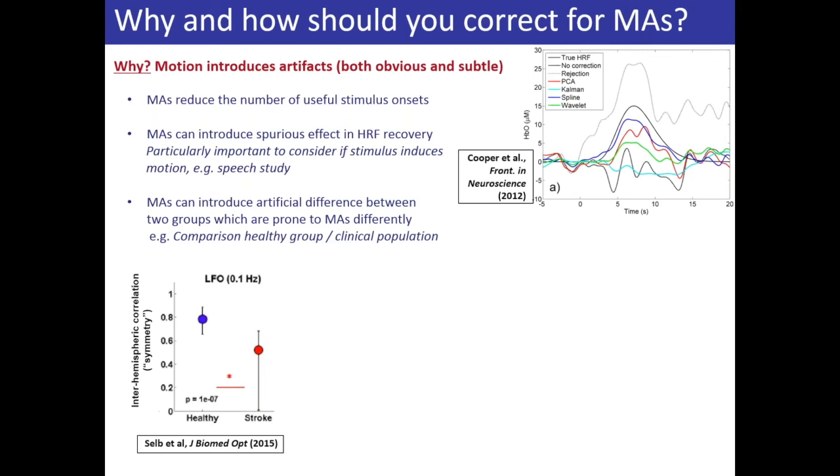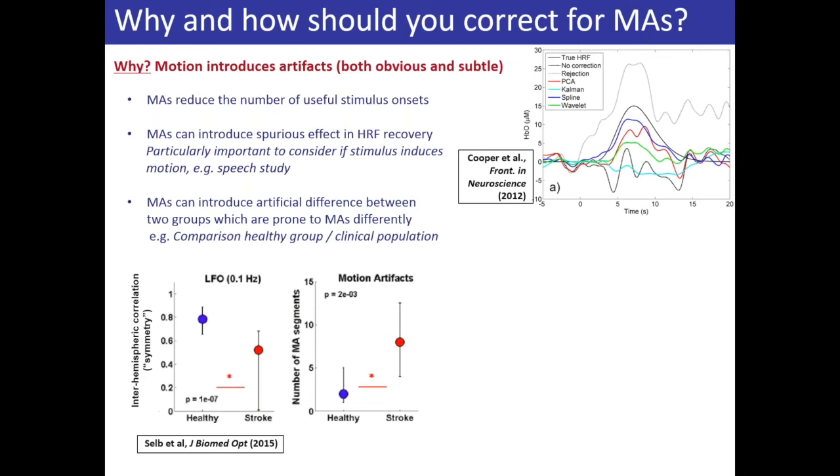So she looked at interhemispheric correlation in a healthy group as well as a stroke patient group, in low frequency bands, and she found a huge statistically significant difference between the 2 groups. But then she also looked at the motion artifact segments in those 2 groups.